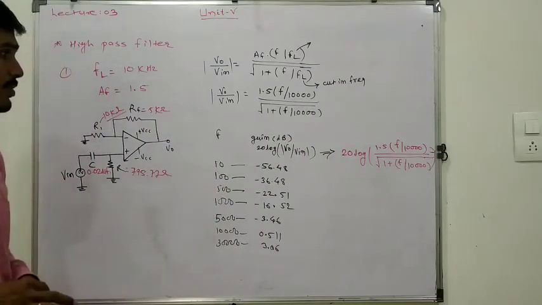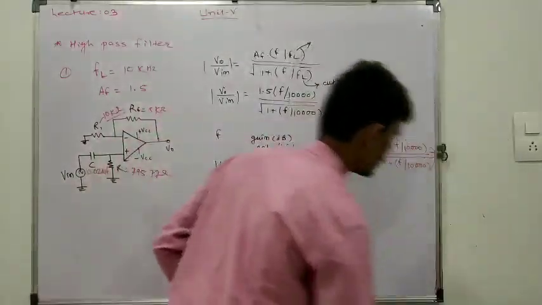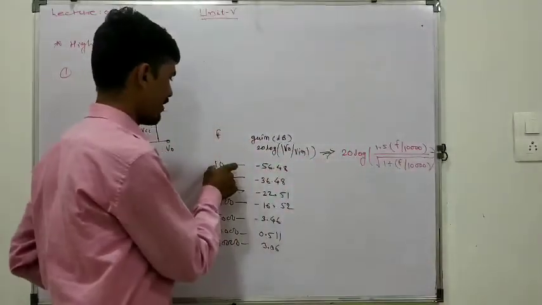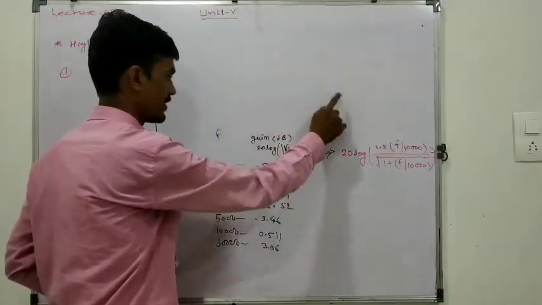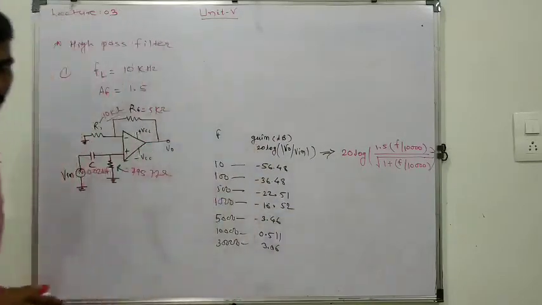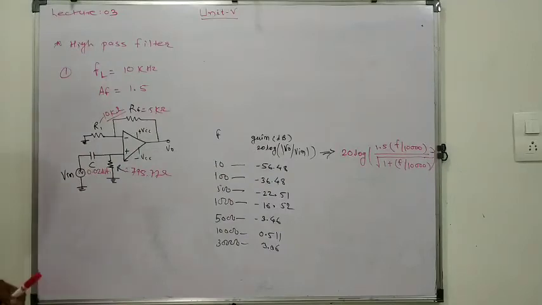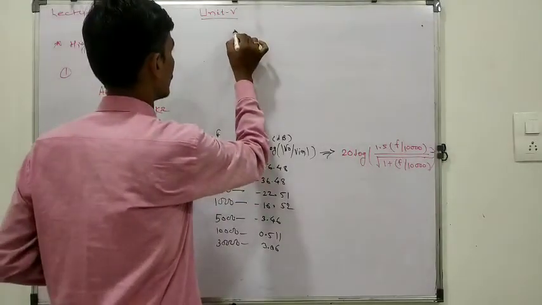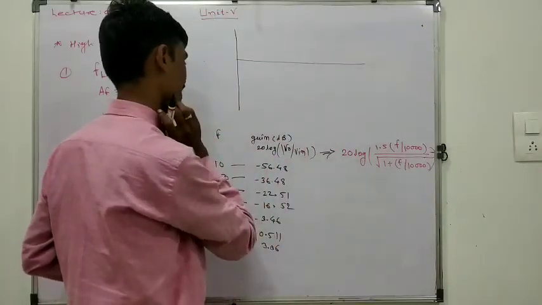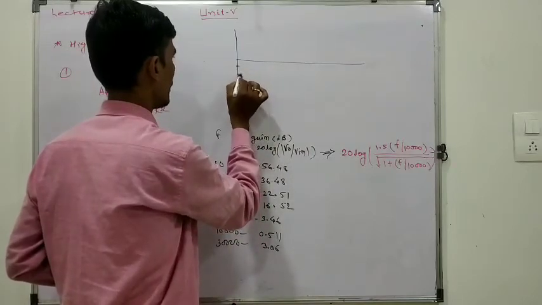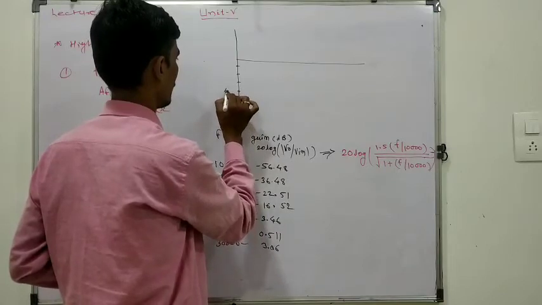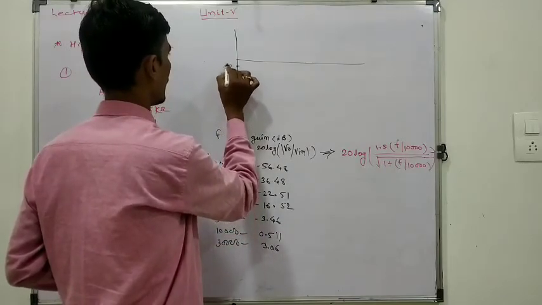Now we have to use these values to plot the response, because we have the values of frequency appearing on the x-axis, and the values of gain appearing on the y-axis. So we just draw the graph. The maximum is 56, so we assume 10, 20, 30, 40, 50, 60, and this is 0.